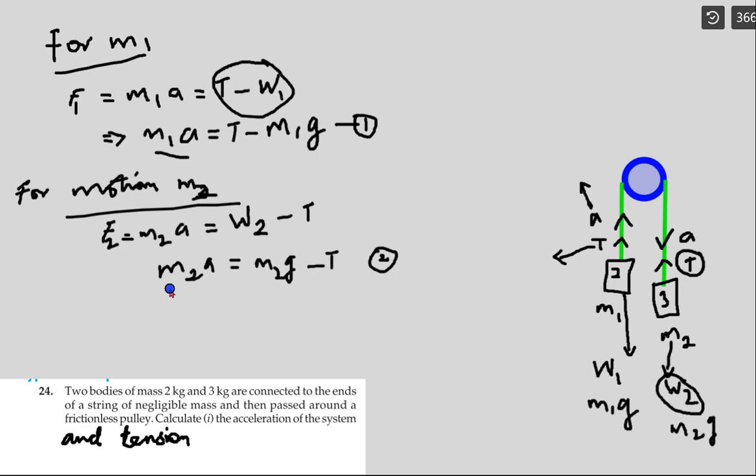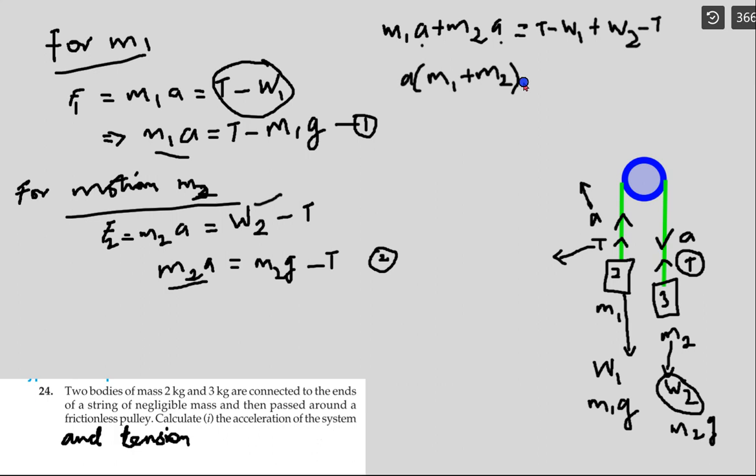So M1 A plus M2 A equals T minus W1 plus W2 minus T. On the left I can take A common: M1 plus M2 gives the total mass of the system.